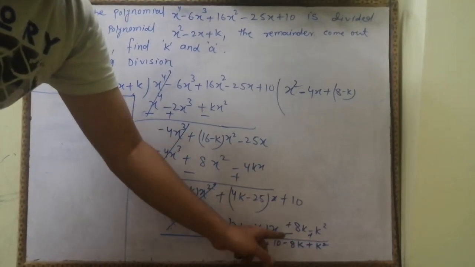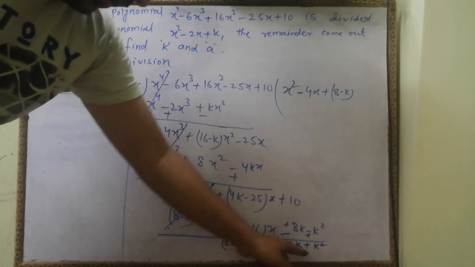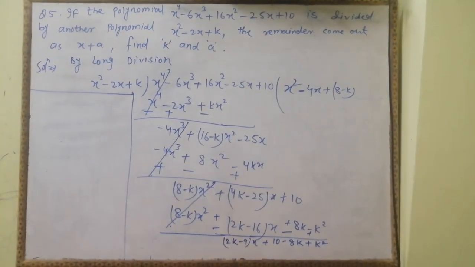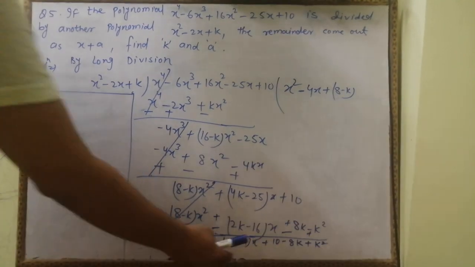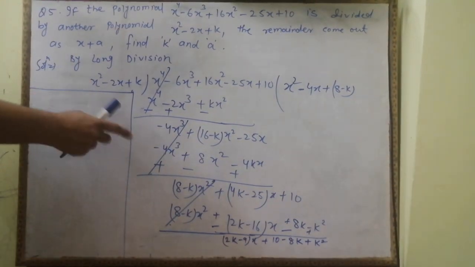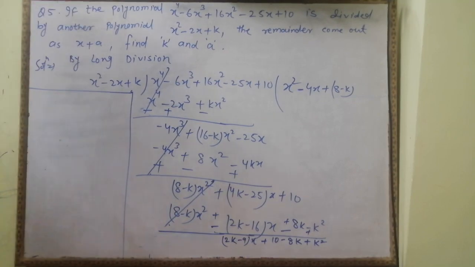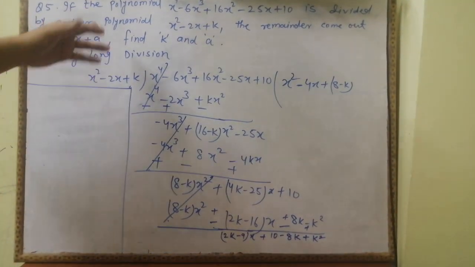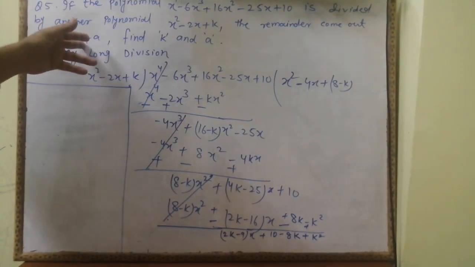Then 10 minus 8k plus k square, this will be the result. So we will stop the division process here, because the degree of this polynomial is lesser than the degree of the divisor, and compare the remainder with the given remainder, that is x plus a.